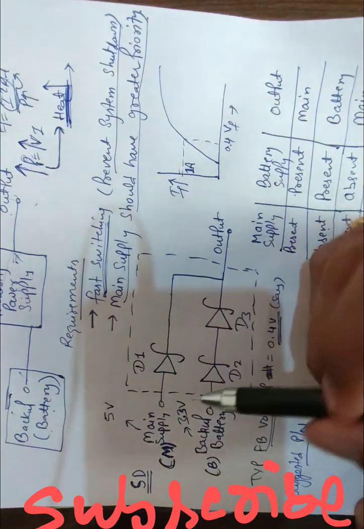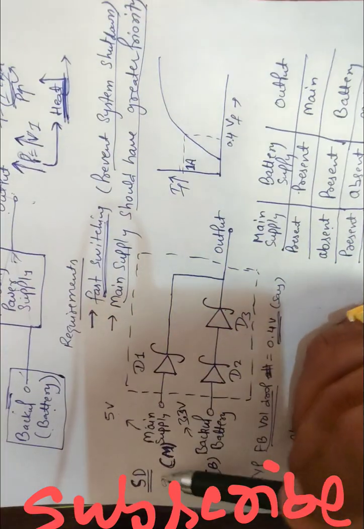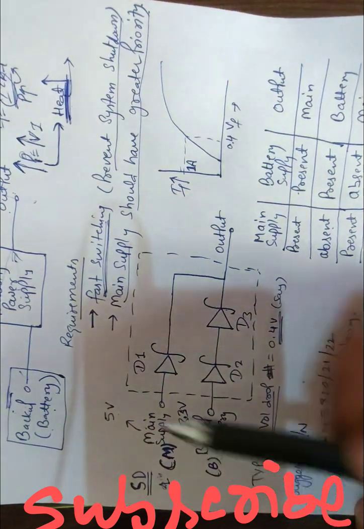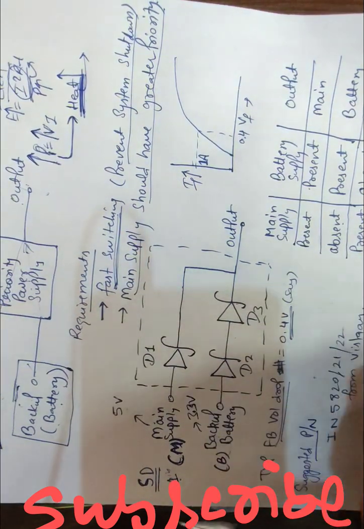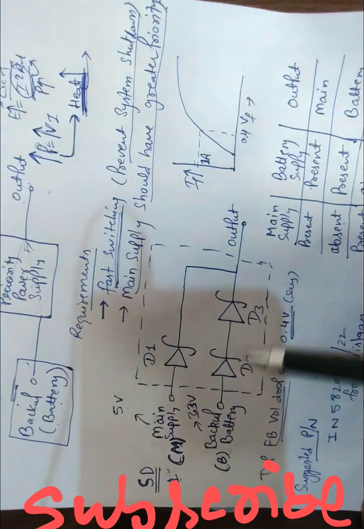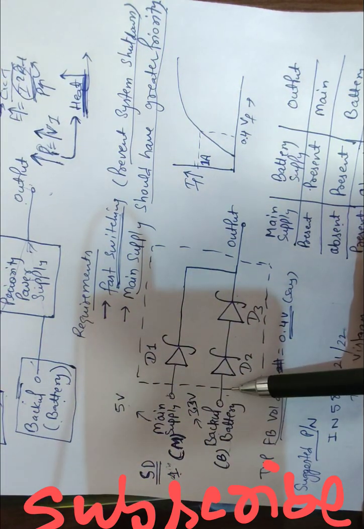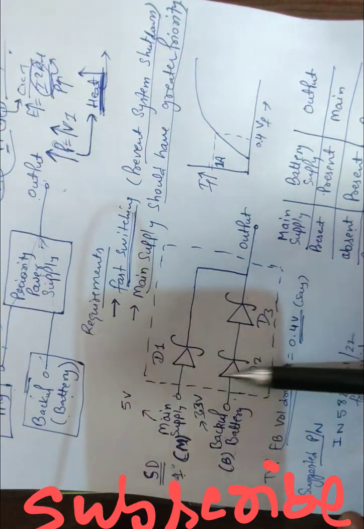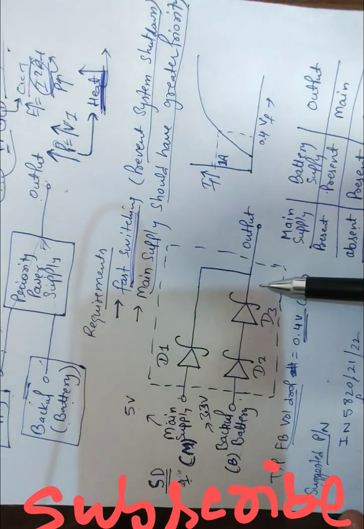One condition is there: the main supply should be at least 0.4 volt, or maybe at least 1 volt, more than the backup supply. But this condition can be overcompensated. You can add one more diode here, so this condition can be adjusted. You will get all these setting adjustments if you know the actual working of this circuit.